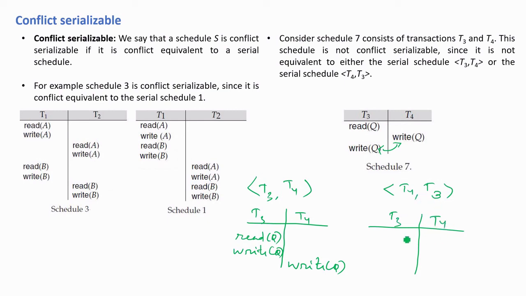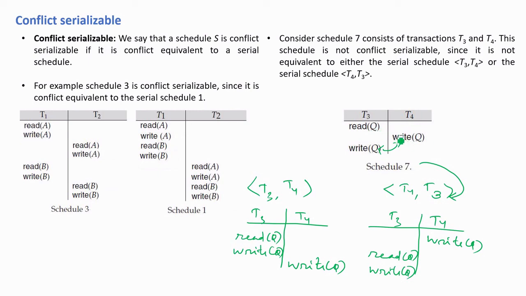Write Q will come first in transaction T4. Now we'll check: can we transform schedule 7 to this serial schedule T4, T3? For that we have to swap this read Q and write Q. These are conflicting instructions.